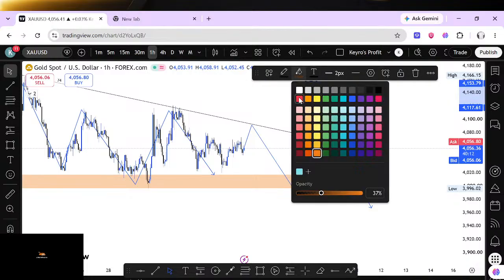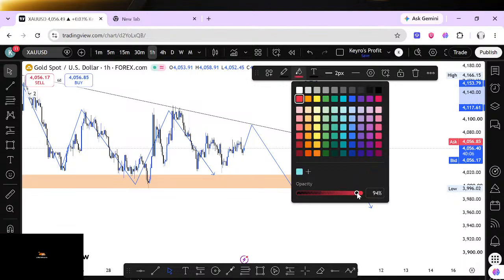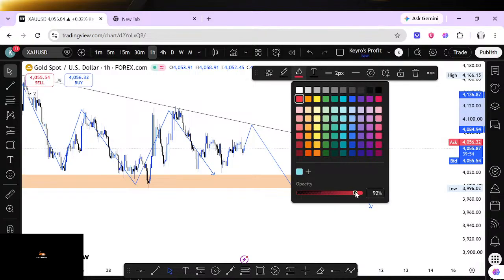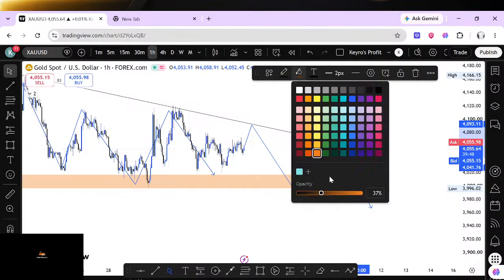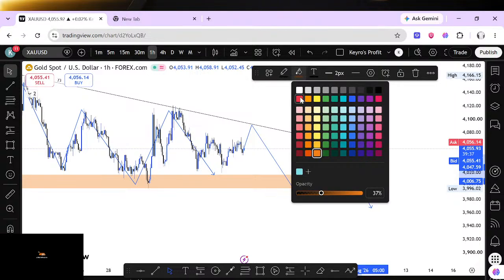Let's use our common red color. We are trying to understand what a fair value gap is.